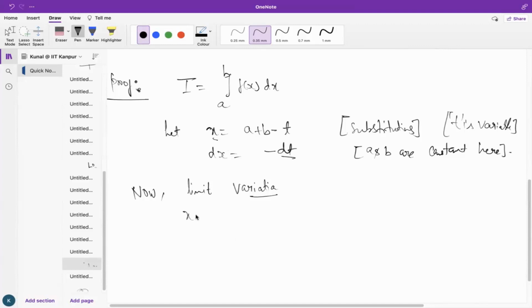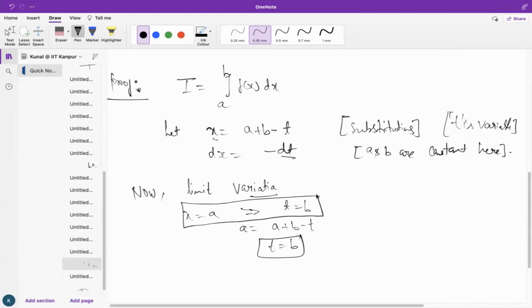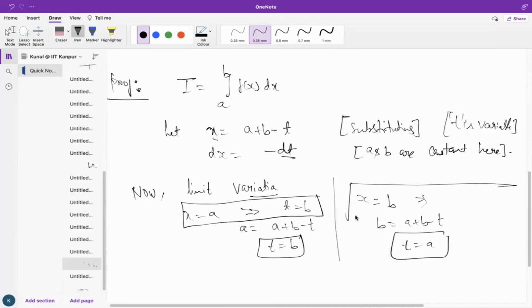When x is equal to a, a is equal to a plus b minus t, so t is equal to b. So when x is equal to a, t is equal to b. This is my first case. Now, when x is equal to b, b is equal to a plus b minus t, which implies t is equal to a.